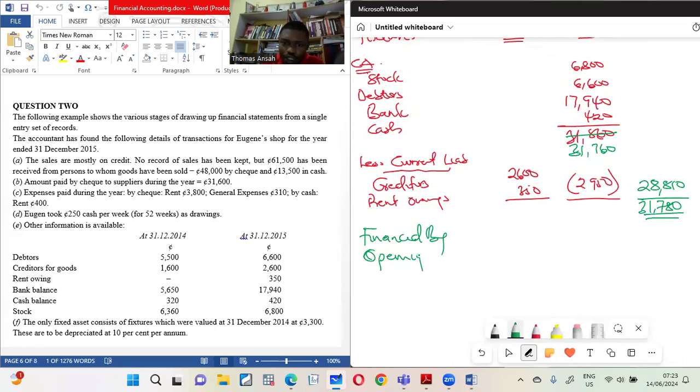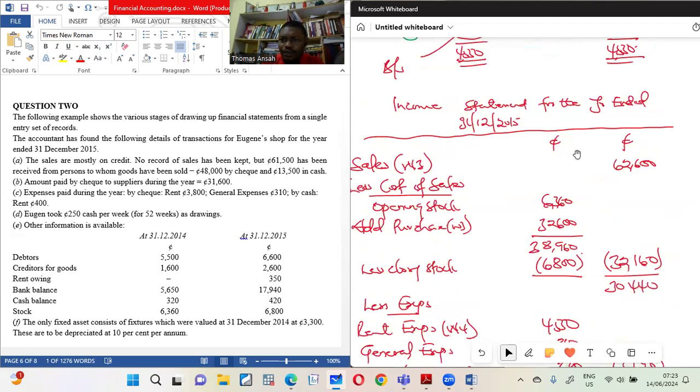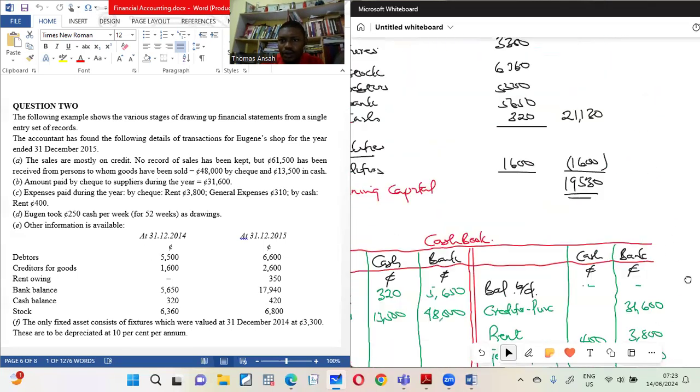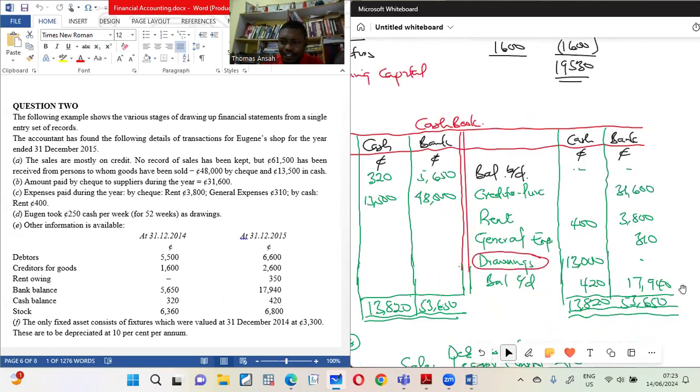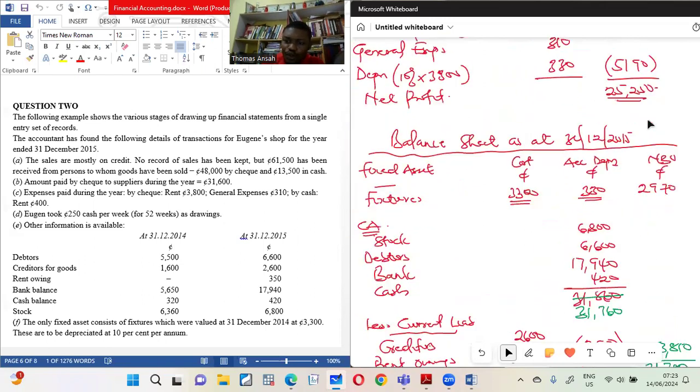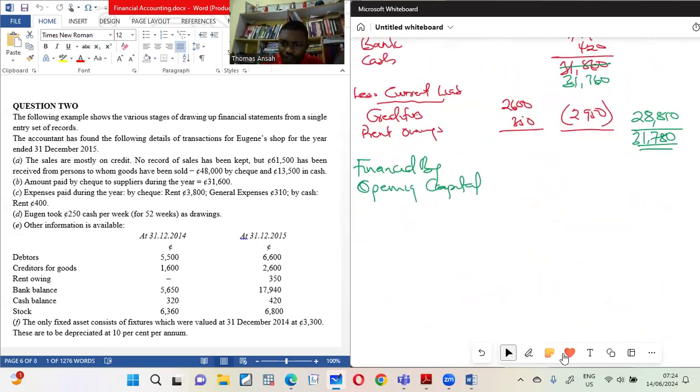The opening capital, you did in the very first step, the statement of affairs. It was 19,530. So you can always know from there, 19,530.